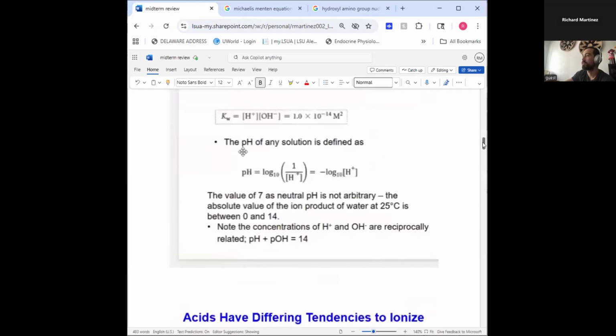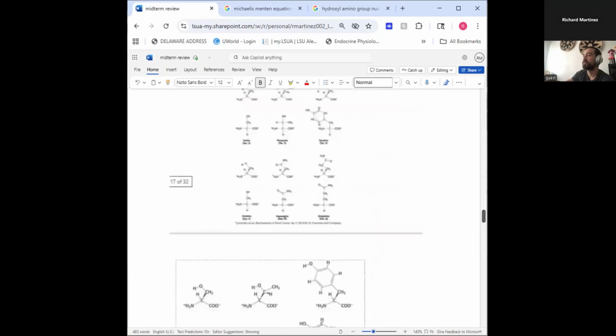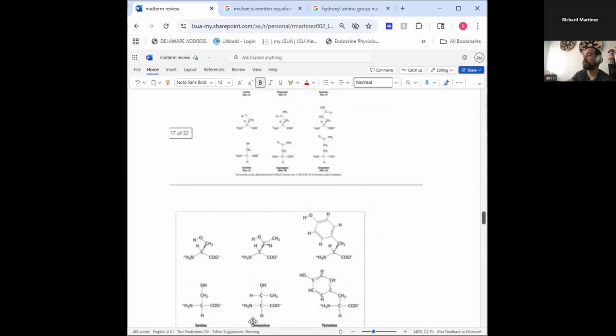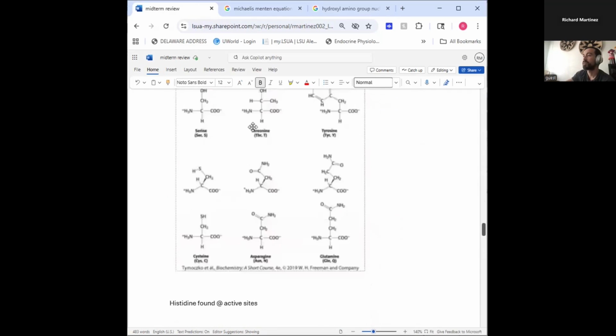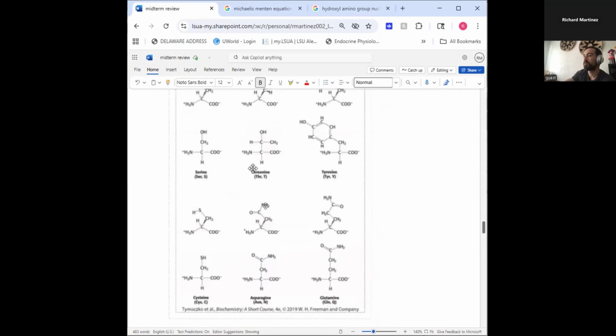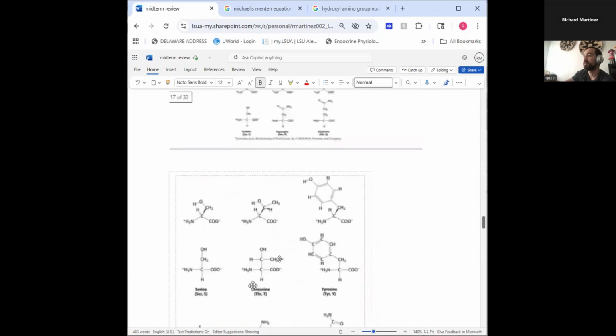Okay, let's see, where are we at? Not too far. We got asparagine and glutamine, okay? When these are, we have an amine group, that's where you'll see NH2 right here on the side, okay?